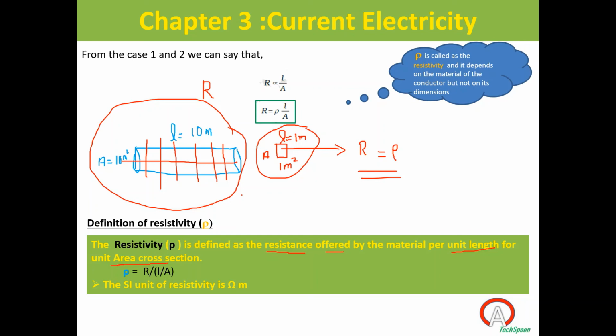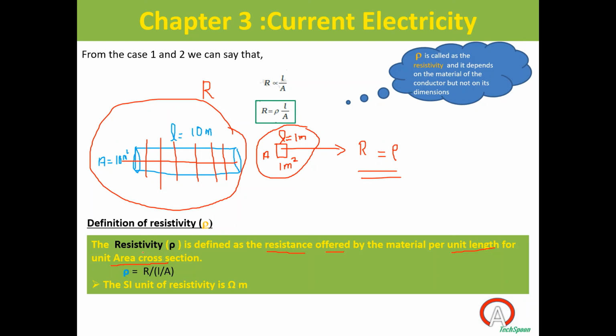So resistivity is nothing but the resistance of this unit piece. Unit piece means unit length and unit area of cross section. Now can you imagine, can you visualize what is meant by resistivity? Anjana?